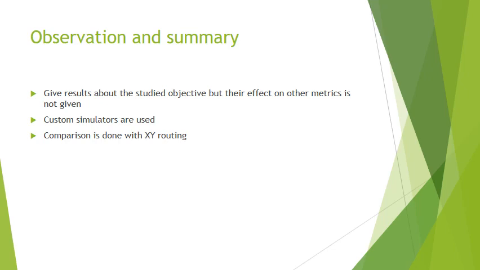Their implications on other metrics of the network are not presented. For example, an algorithm for fault tolerance might use rerouting and might improve the fault tolerance of the network, but its implication on congestion in the network is not given.